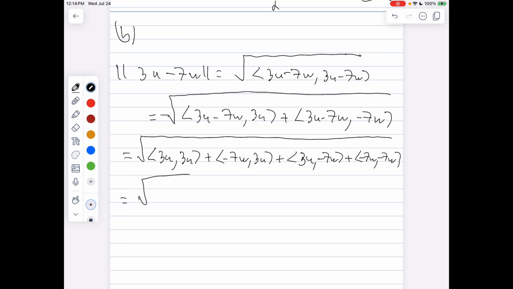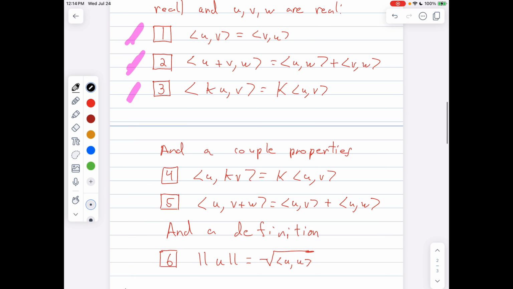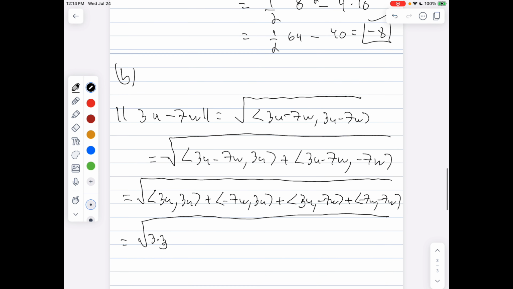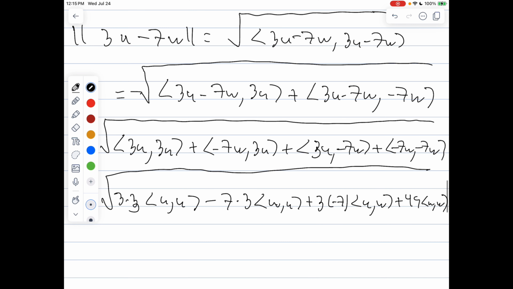So for that first one, I can take out two 3's and you have u inner product u, and then I can take out a minus 7 and a 3, and you get w inner product u, and I can take out a 3 and a negative 7, and a u inner product w, and then finally I would get a plus 7 times 7, 49, w inner product with w, and almost done.